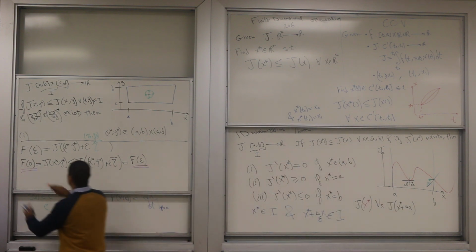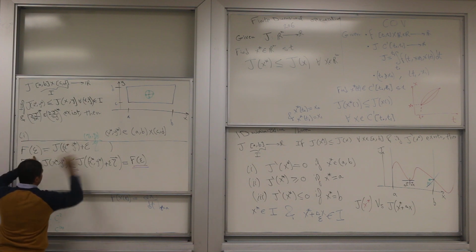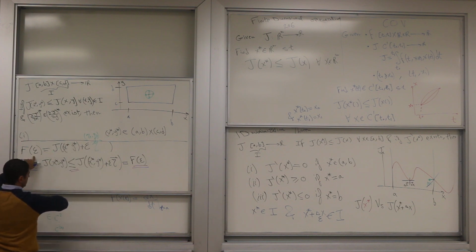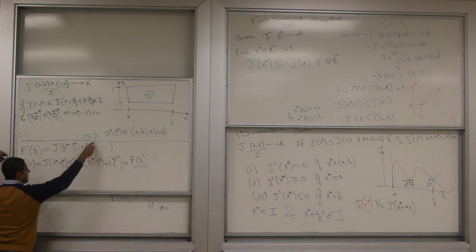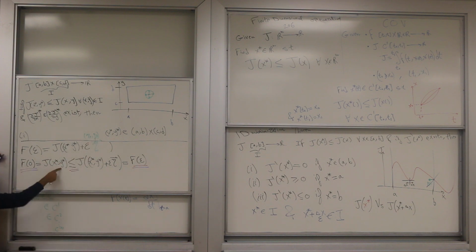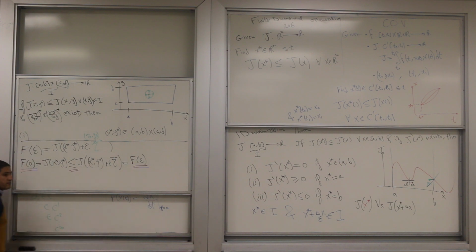So I'm defining some large f. It's a function of the perturbation, the size of the perturbation. So it's J at the optimum, but I'm perturbing a little bit, so I'm not getting the optimum anymore. If the perturbation is 0, f of 0, just substitute epsilon equals 0, you get J at the optimum, which is by definition less than any other J, which is simply your function. So look at this red statement. What does it say?